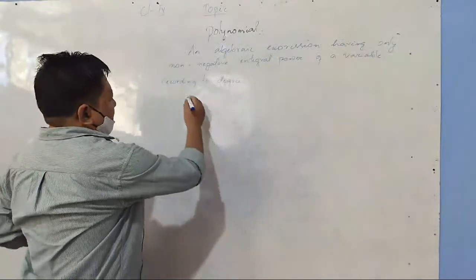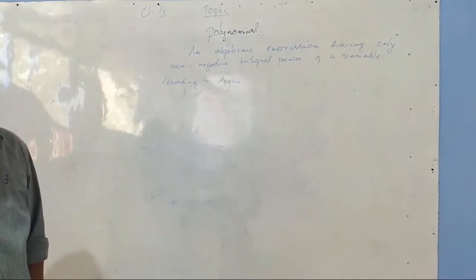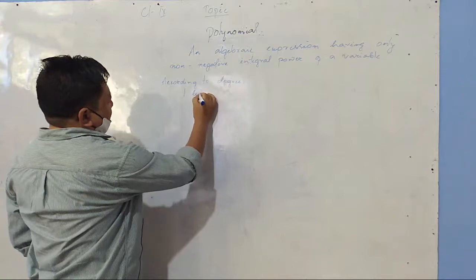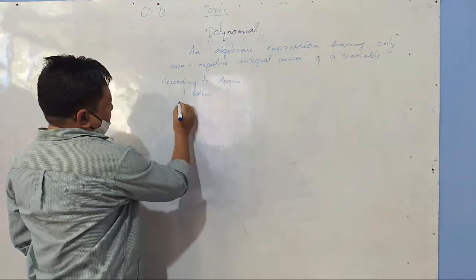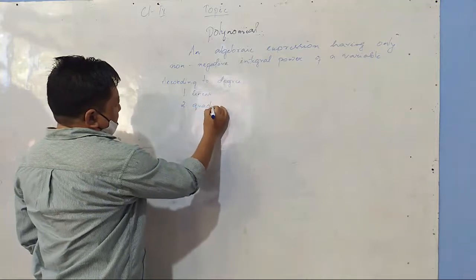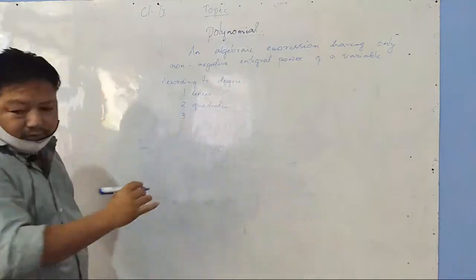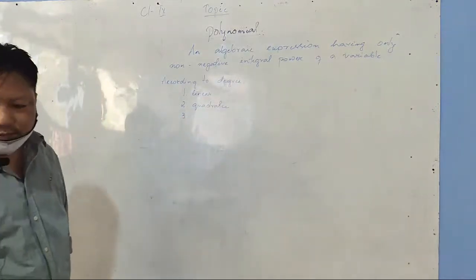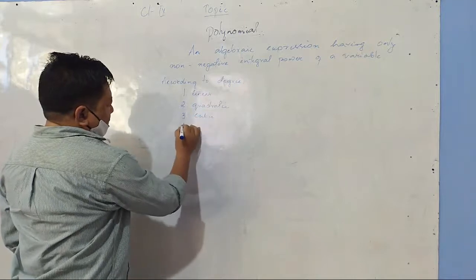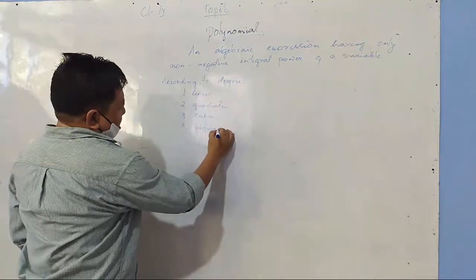That is 1, linear, and 2 is quadratic, and 3 is cubic, and number 4 is biquadratic.